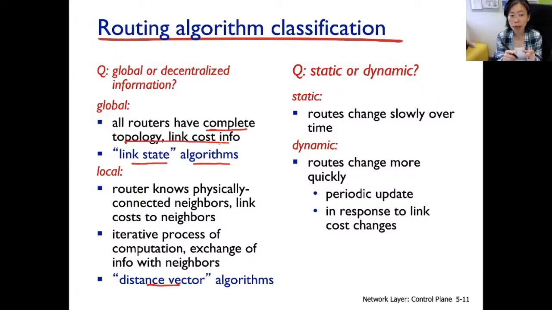What I mean by complete topology is this. Each router will need to know N, the set of routers composing the network; E, the set of links interconnecting all these routers in the network; and the link costs of all the links connecting the routers in the network. So each router needs to know how the network looks globally before the routing algorithm can be triggered.